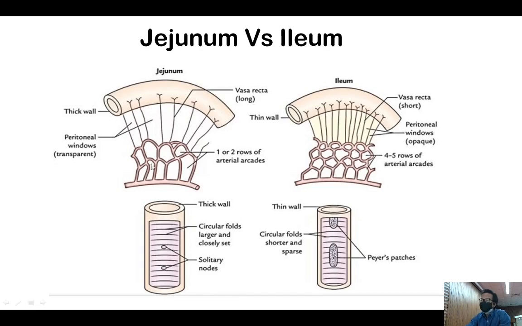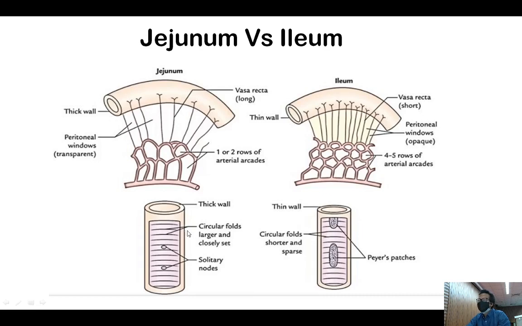The arterial arcades, the anastomosis of the arteries, have just 1 or 2 layers, like these circles. But in the ileum, we have 4 to 5 rows of these arterial arcades. And one more is the circular folds.